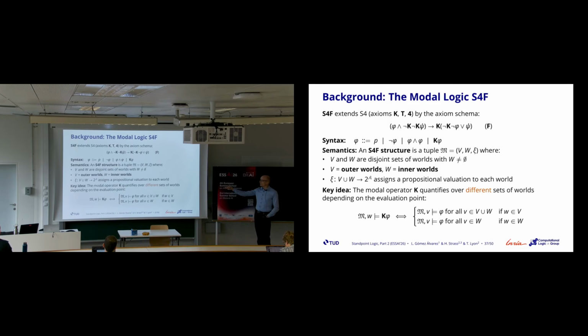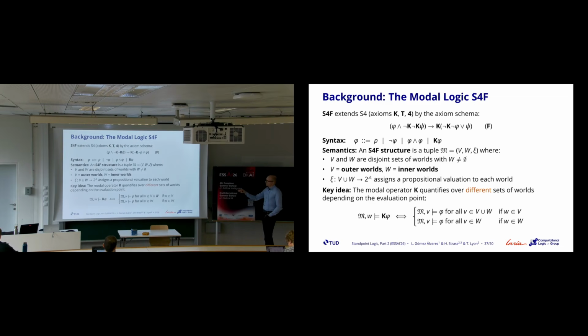So you have atoms from some propositional vocabulary. You have negation and conjunction. Therefore, you have the whole Boolean language. Right? And you have this modality K. And you can read it, and typically it is read in the context of unimodal S4F as it is known. Right? So phi is known by some not further identified or unnamed agent.